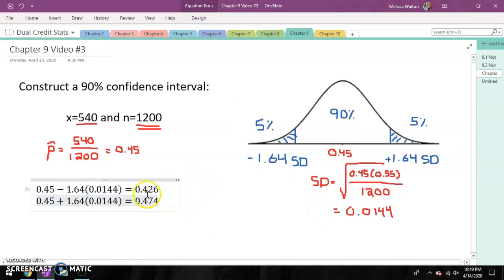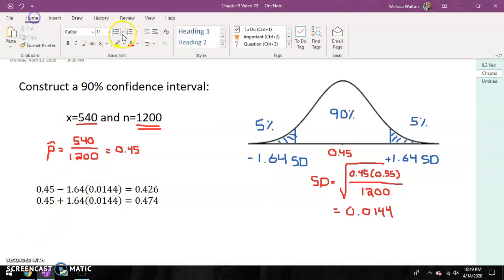So we finally have our bounds. Our original estimate was 45%, but it could be all the way down to 42.6% or all the way up to 47.4%. So finally, let's talk about our interpretation. Last thing is our interpretation. I want to make sure that we go over this.